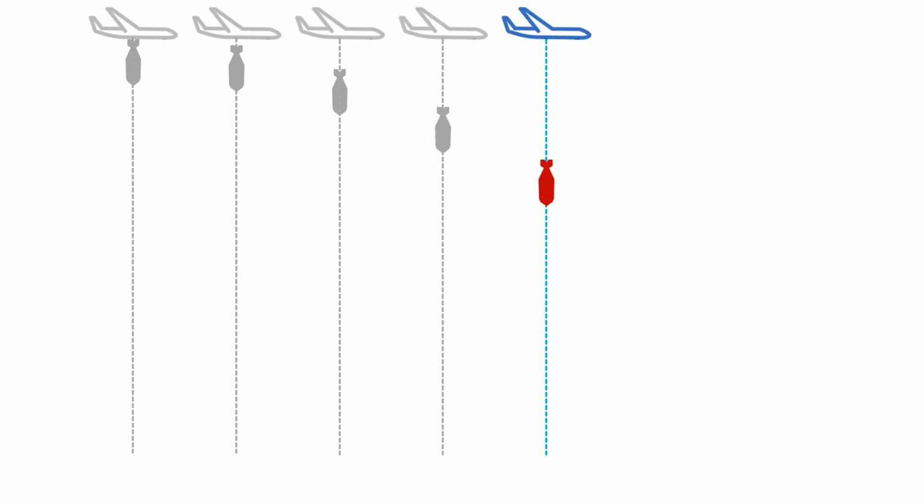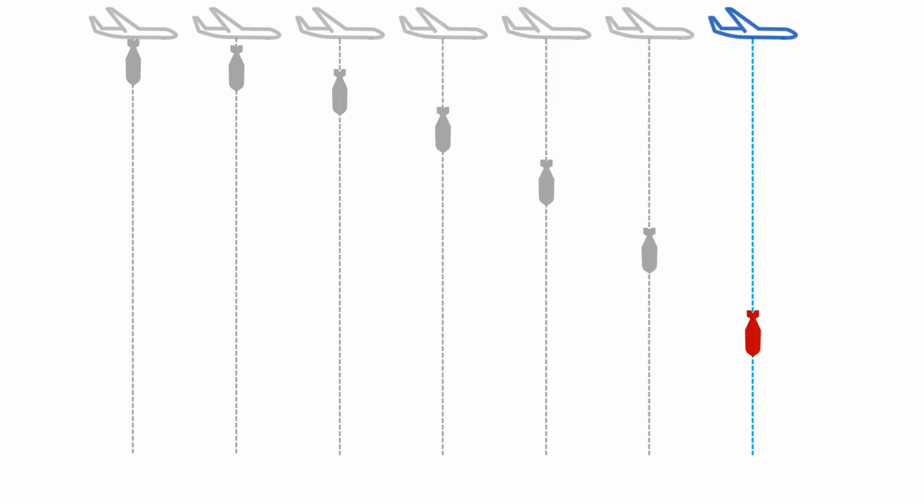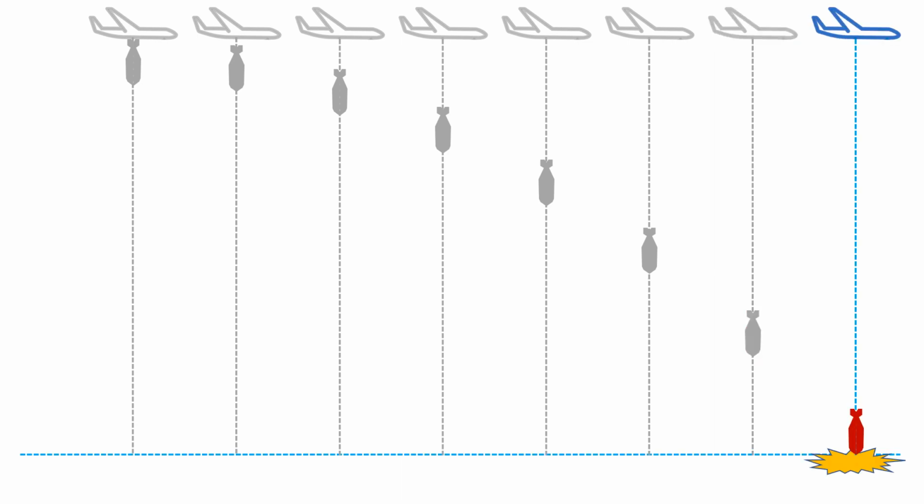Note that the position of the plane and the bomb is exactly the same in the horizontal direction. So it means that in the horizontal direction, the equation that we used for the plane can also be used for the bomb. Let us now do some mathematics.